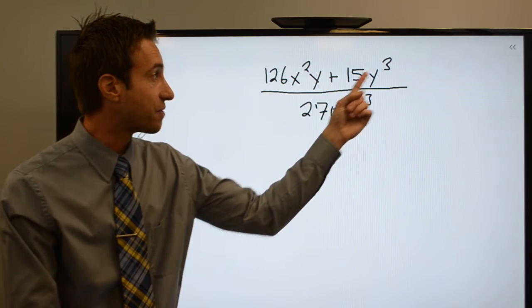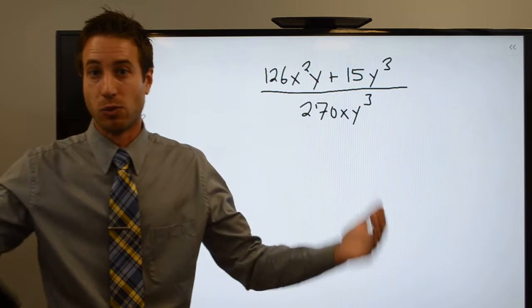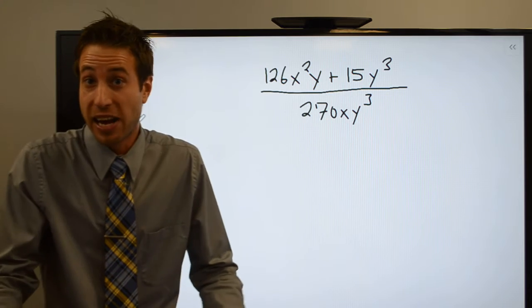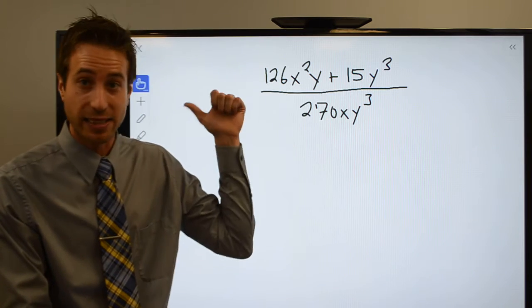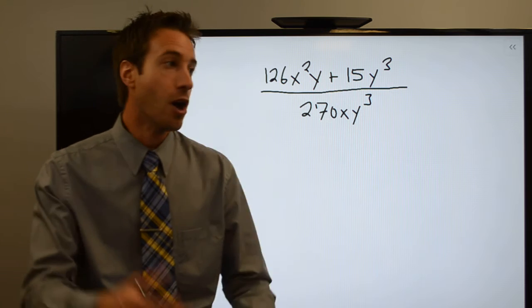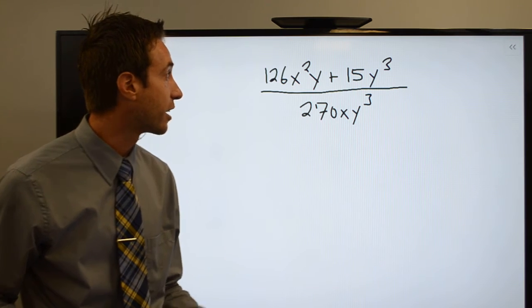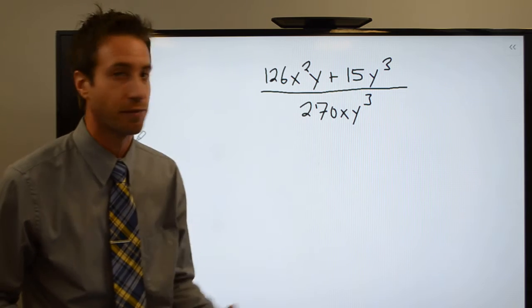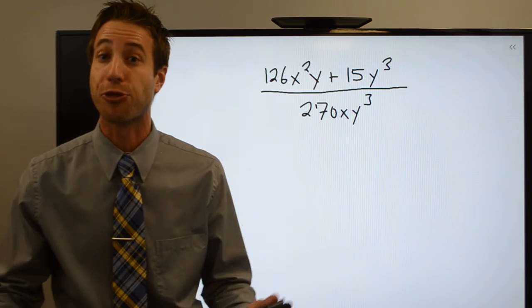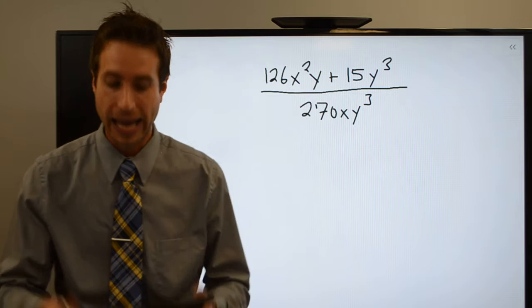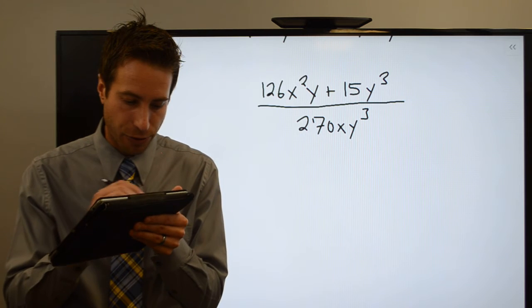126x squared y plus 15y cubed. How do I factor that? You're going to have to factor it because I've got to get the same answer I got the previous time. Well, I don't know how long it would take you to stare at this thing and figure it out. But anyway, 126 and 15, it turns out you can pull a 3 and a y out of all of those. So I pull out a 3y.